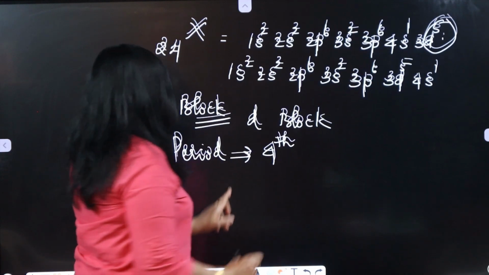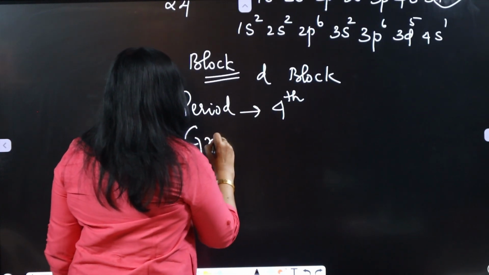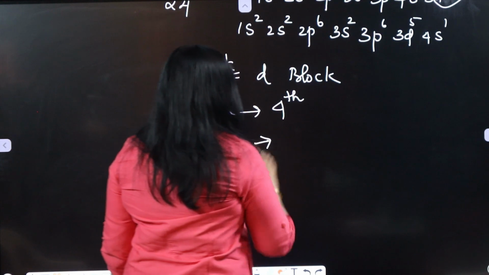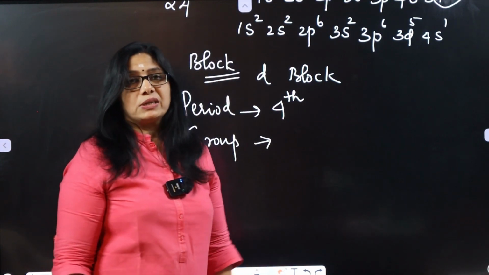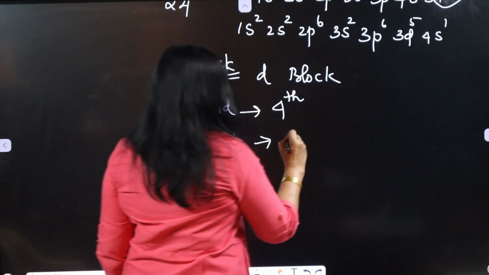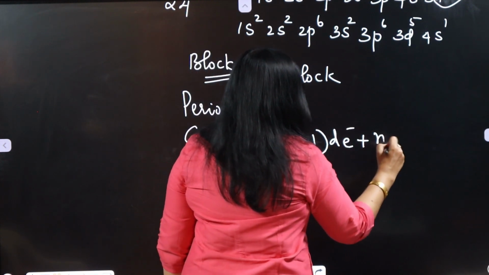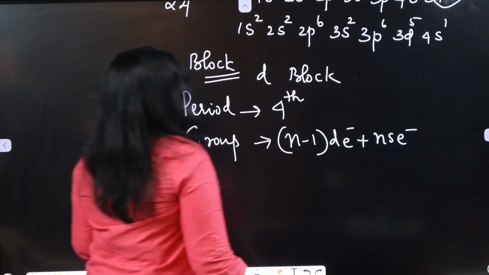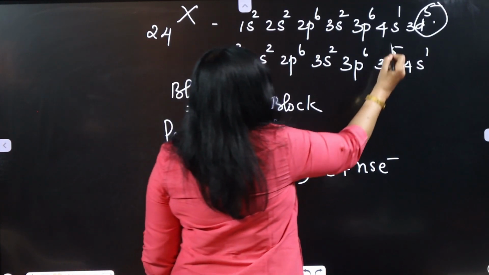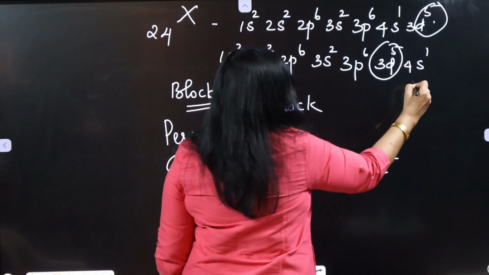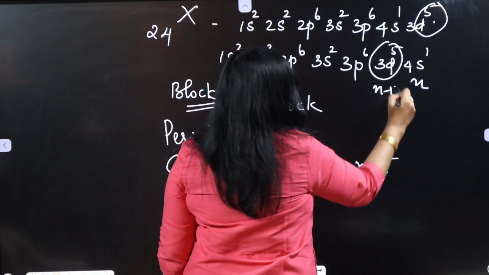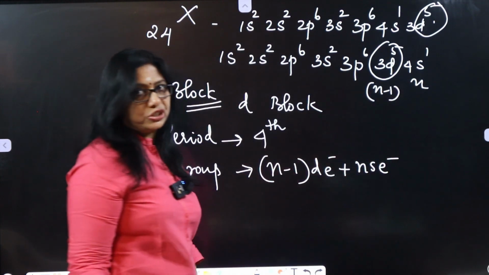Now coming to group. What about the group of this element? For D block elements, the rule is group number is (n-1)d electrons plus ns electrons. (n-1)d electrons, how many? 5. If this is n, this is n-1, right? Ultimate and penultimate shell.